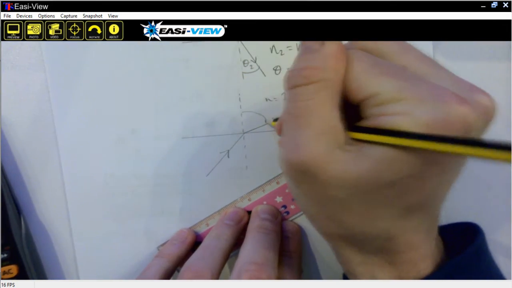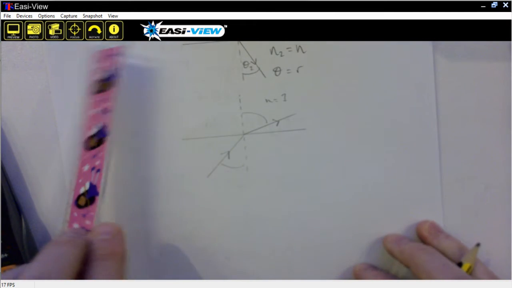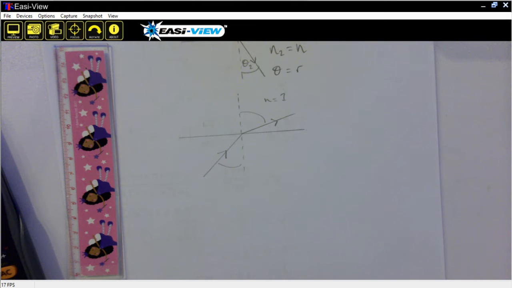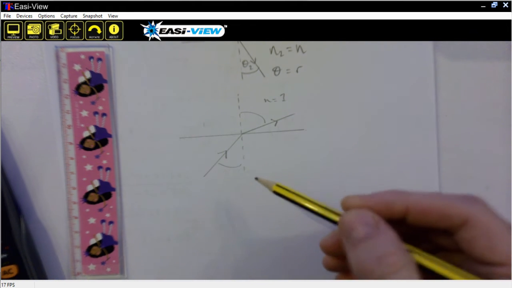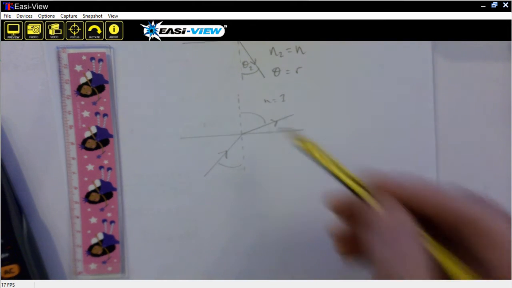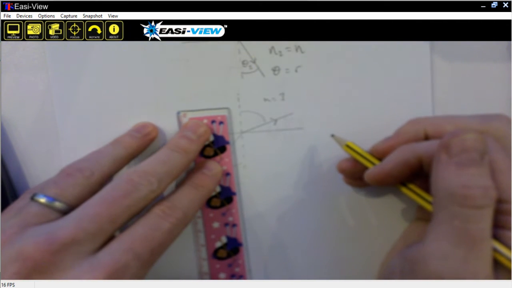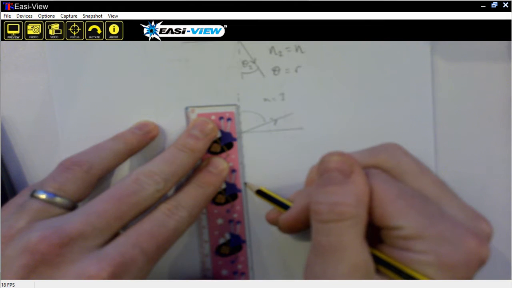So this angle is bigger than this angle. We can do a similar thing, but we're interested in a special case when the angle of incidence equals the critical angle. So we're not actually interested in this situation as I've drawn it. We're actually interested in the situation when this happens.